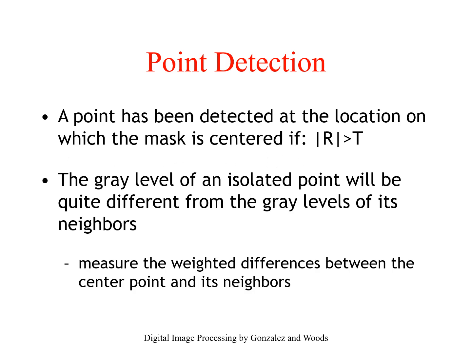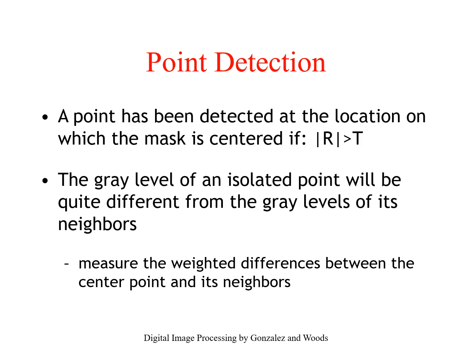After applying a mask or convolution on the image, we set a threshold value. If the point has more value than the threshold, then the point is detected. So here we have mentioned mod of R is greater than T or greater than or equal to T, depending upon the user's constraint or condition.